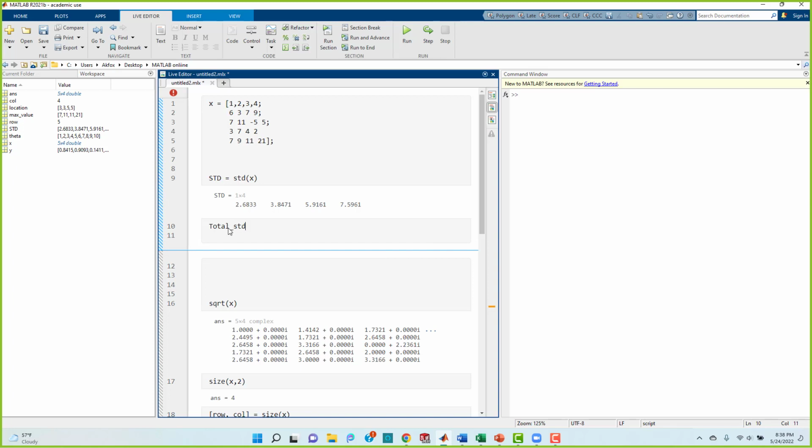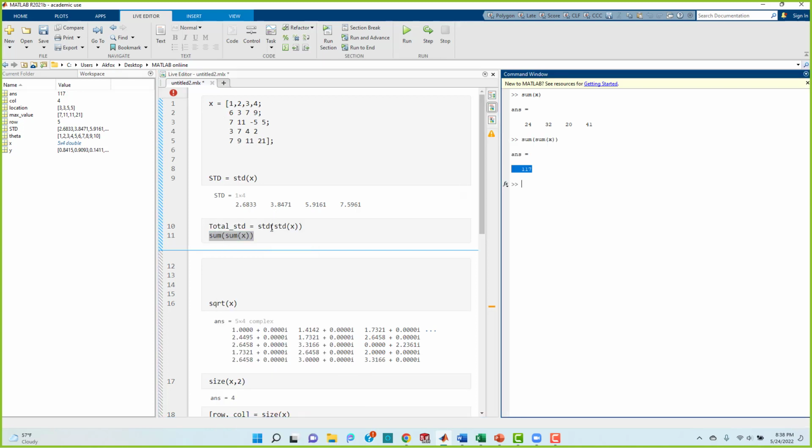But if I wanted to find out what the standard deviation of the entire matrix is, the students will take the STD of the STD. STD of the STD of X. Now, if this was the mean or a sum, if you wanted to add up all of these, you could do a sum of the sum of X, because the first sum will return a vector of the sum for each column, whereas if you sum up the sum of them, it gives you a total for the entire matrix.